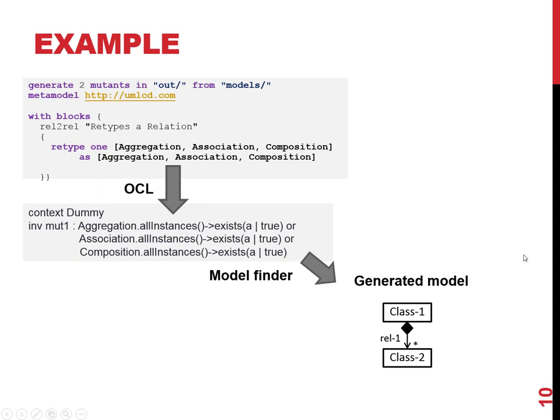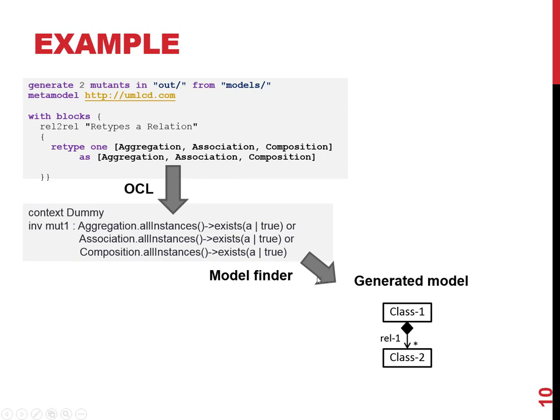Here we present an example of the seed model synthesis, starting from the Wodel program that we are using in this presentation. These are the OCL constraints derived from the Wodel program, which in this case require that the model contains at least one object of type aggregation, association, or composition.